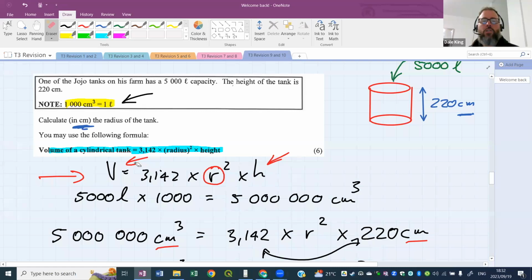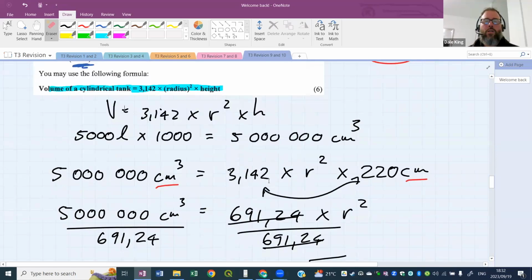You had to change the volume from capacity into volumetric units, so from liters to centimeters cubed. You can't put liters in here and expect to get centimeters out. You have to put centimeters in to get centimeters out. So we had to change the volume to centimeters cubed, and then we put it in and started isolating this radius.